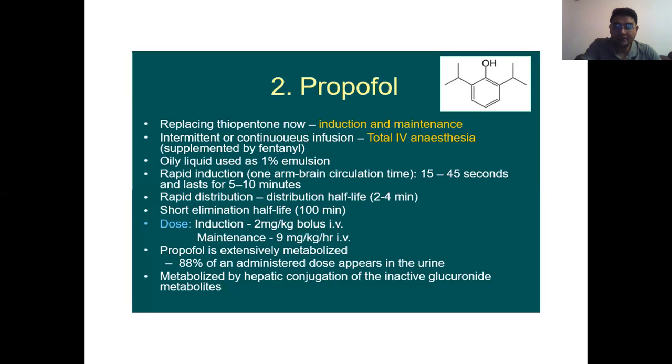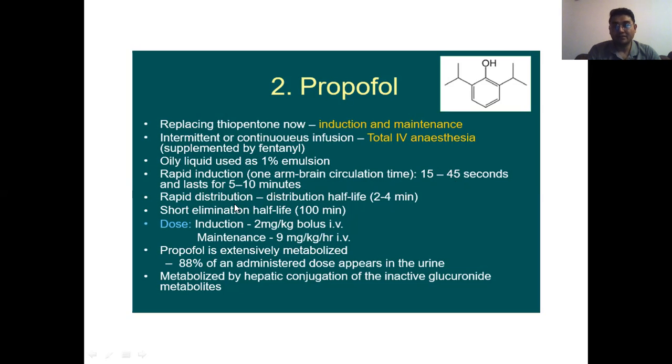So propofol is the most useful drug nowadays. It is replacing thiopental now, and it can be given by continuous infusion. It is used both for induction and for maintenance of anesthesia, because it has a rapid induction effect. After 15 to 45 seconds, the patient will sleep, and it will continue for 5 to 10 minutes.